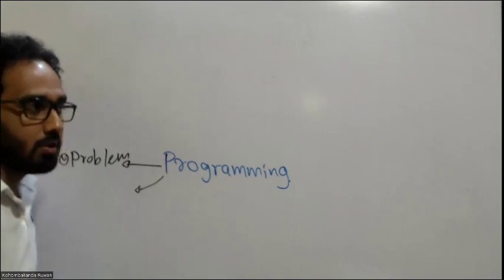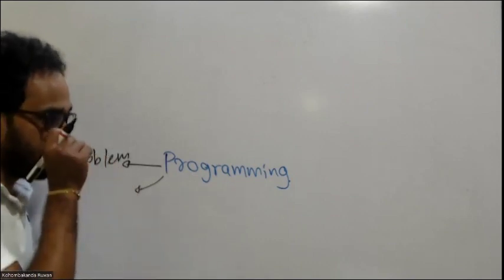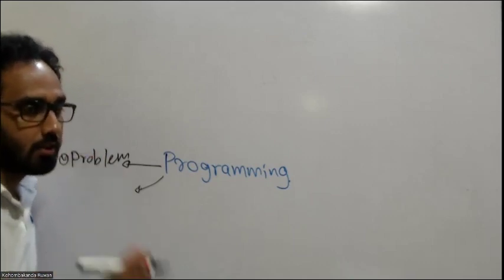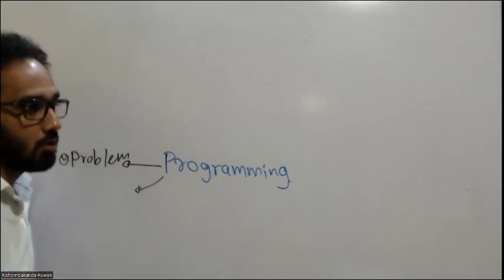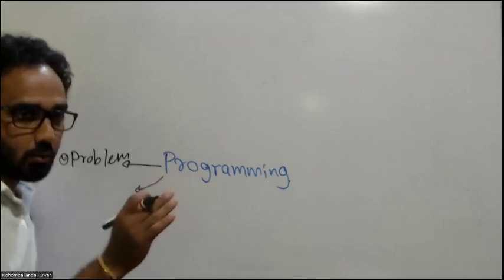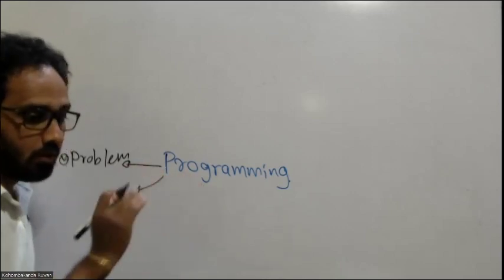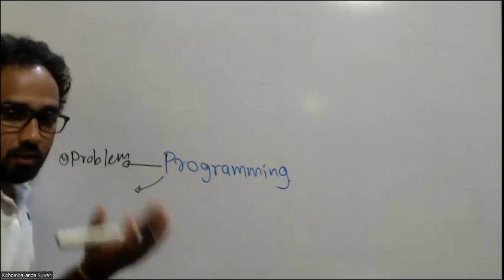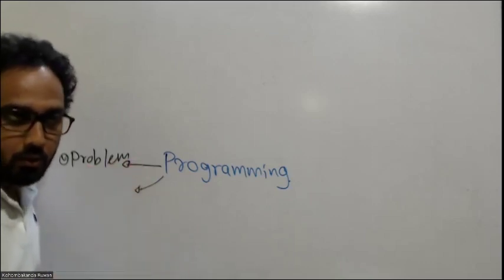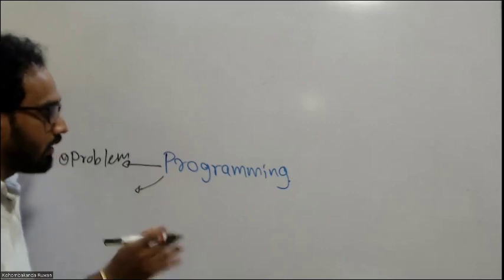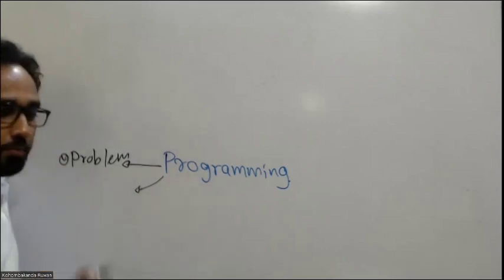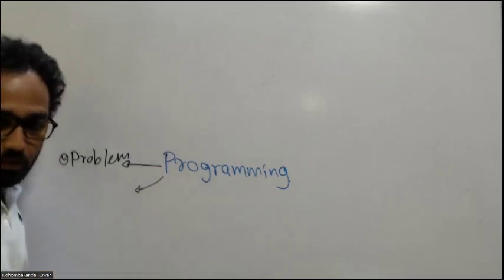Right, we need to identify the length and width of the rectangle. Then we have to calculate the area. Area equals length multiplied by width, right? We will do that, right? Then we will get the area of a rectangle. Those are the steps that we need to complete when you are solving a problem, right?